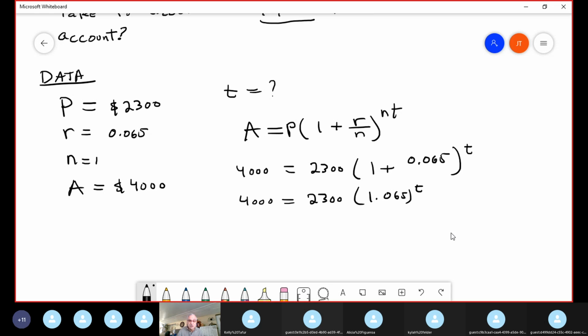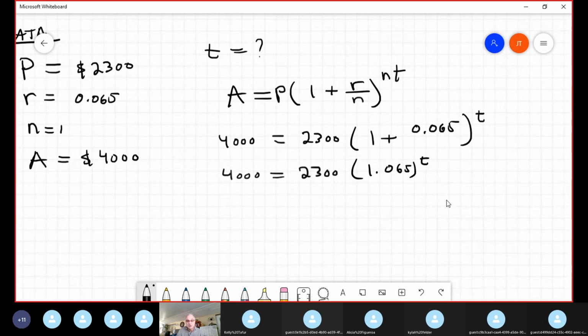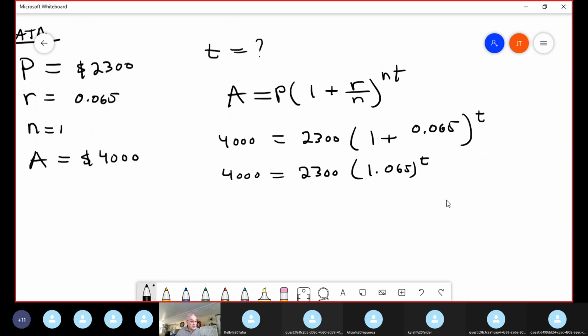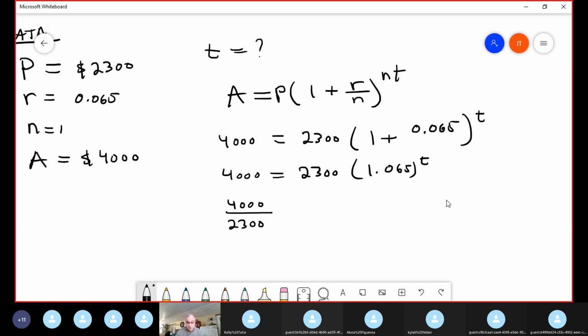And we have an exponential equation. It is obvious that we can never express it using a common base, so you manipulate it a little bit in order to apply logarithms. So I propose you divide both sides by 2,300.